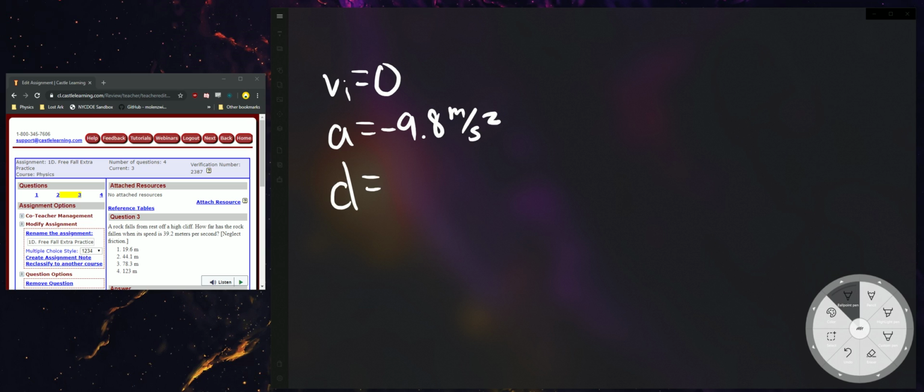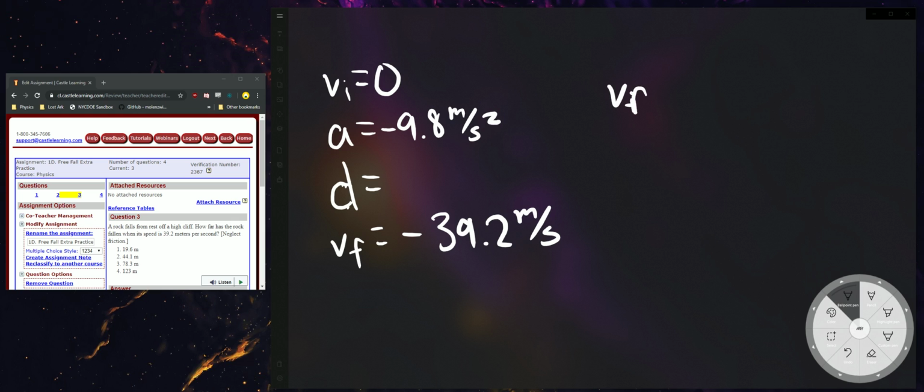So you want to know your displacement, or rather your distance, and we know its final speed is 39.2 meters per second, so it's negative 39.2 because it's going downwards. So you set all this up. The only equation we can use is this, because again we're missing time.